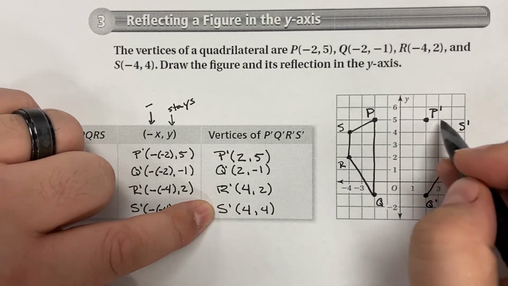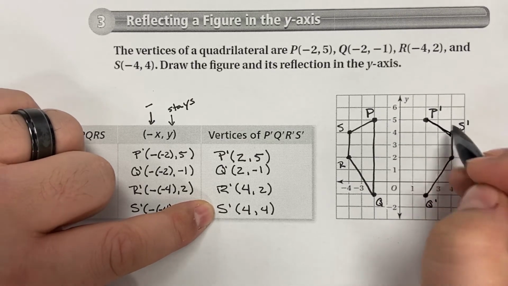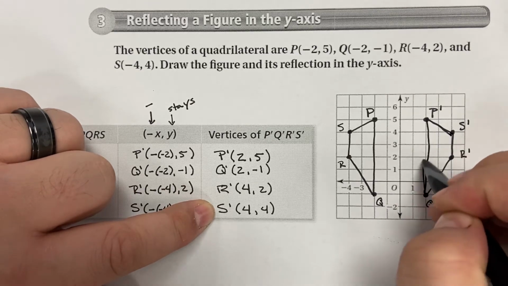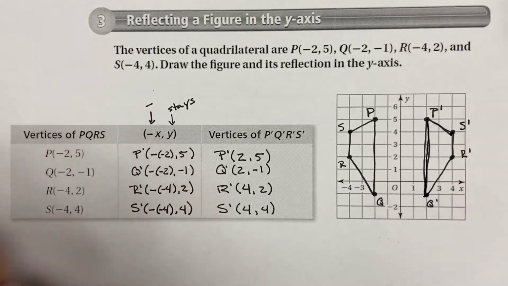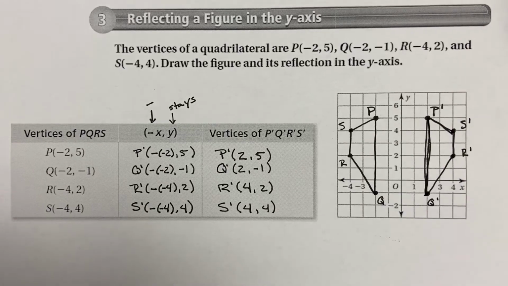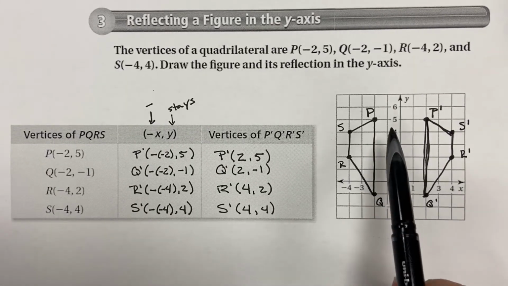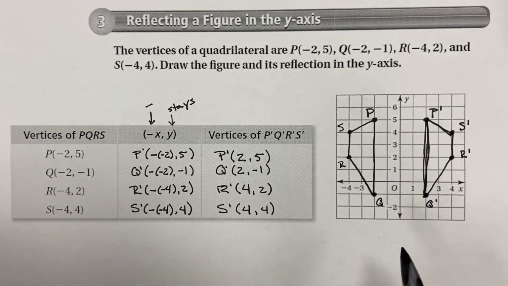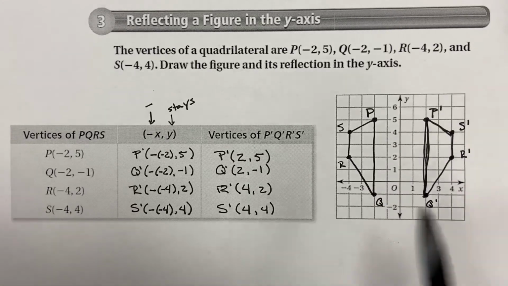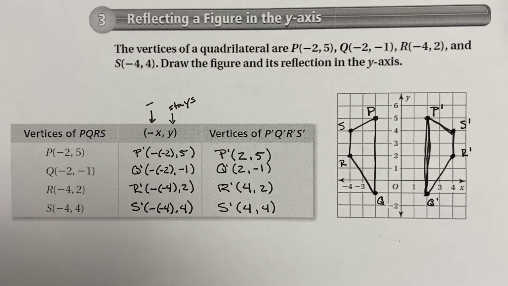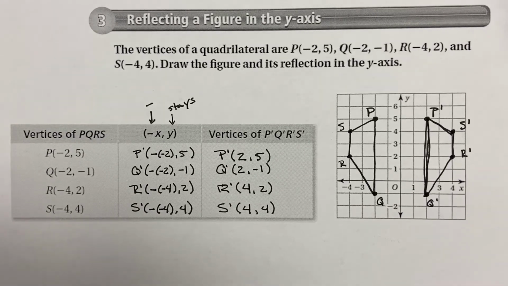And when we connect all of our dots, if I was a better connector of dots, that would be a perfect image without the extra lines everywhere, of quadrilateral PQRS with its coordinates. Now go ahead and pause the video and copy what's on your screen into your notebook.